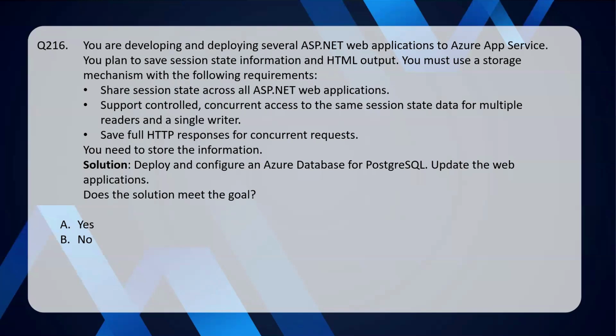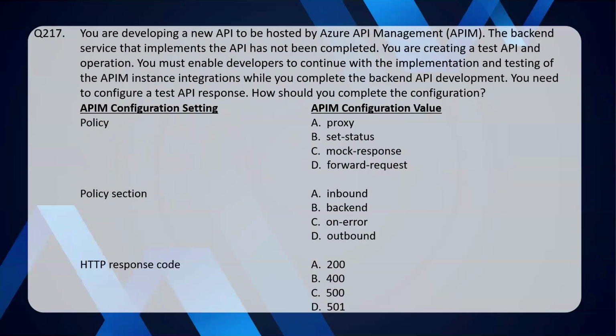You need to tell whether the solution is right or wrong. Now friends, Azure Database for PostgreSQL is not suitable for this scenario. You should instead make use of Azure Cache for Redis, which provides all the abilities mentioned in the requirements of this question. Folks, we have already covered multiple variations of this type of question in the series, so make sure to go through the previous parts as well to gain the maximum benefit from our content.